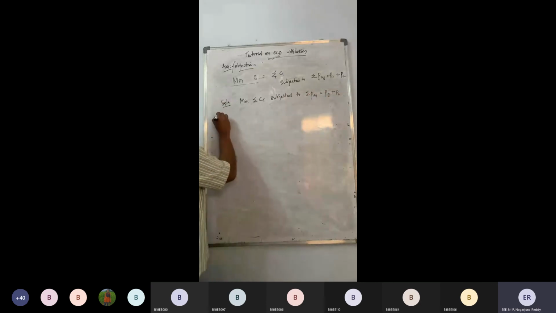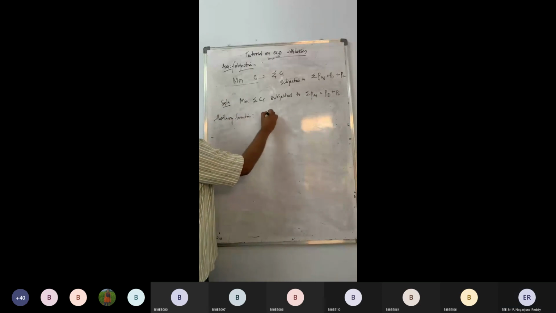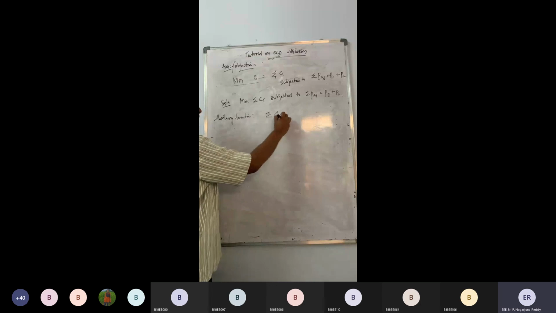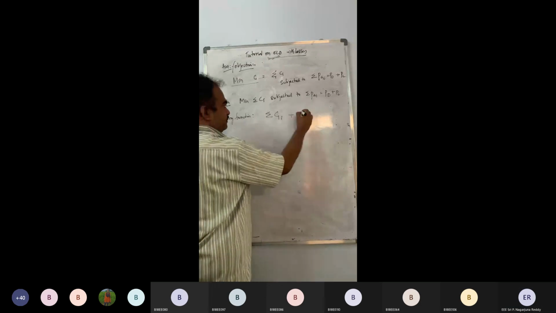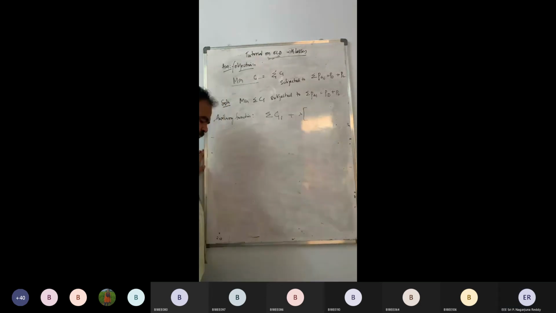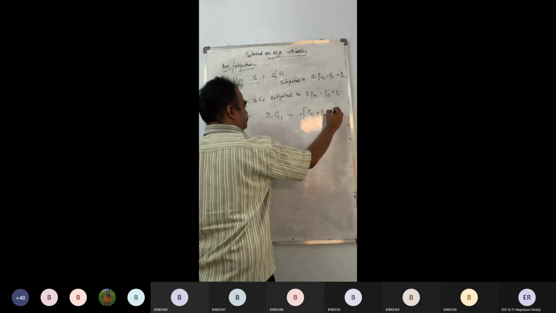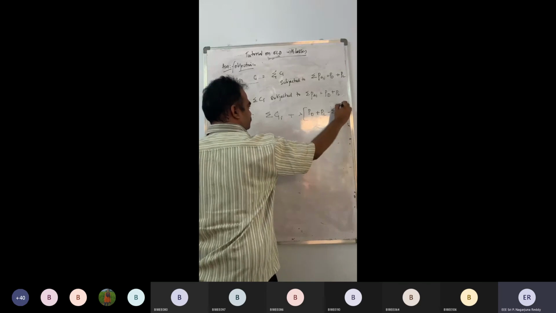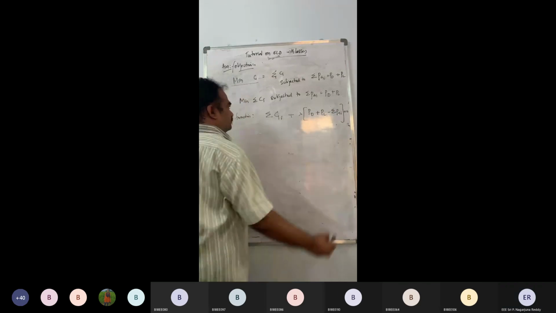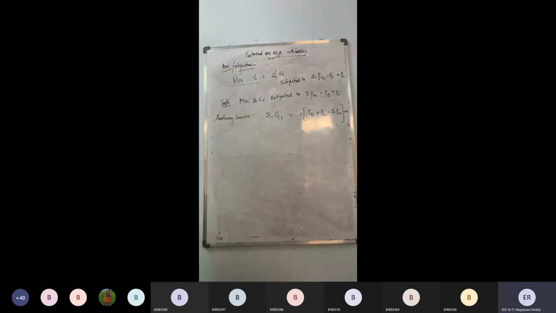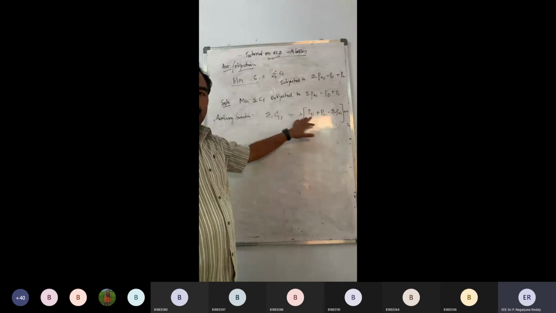So what is my auxiliary function now? Sigma CI plus lambda into (PD plus PL minus sigma PGI). This is my question. I have just enclosed this constraint into the main problem.